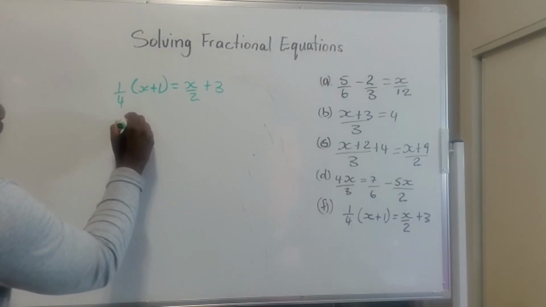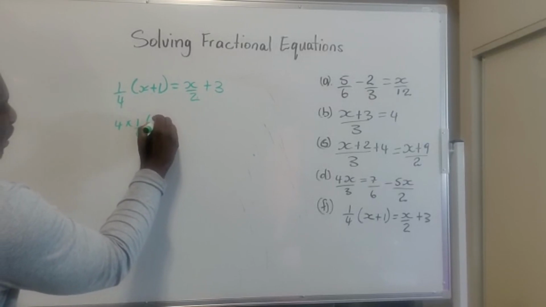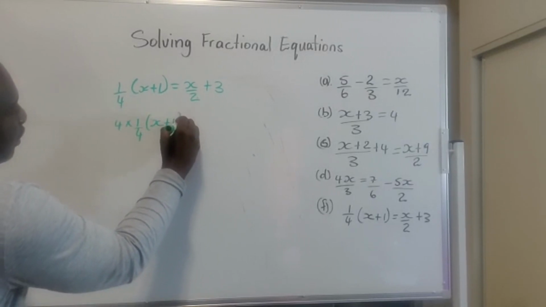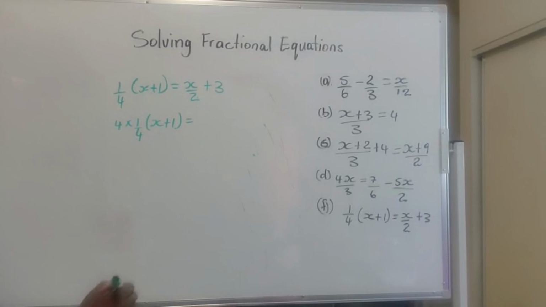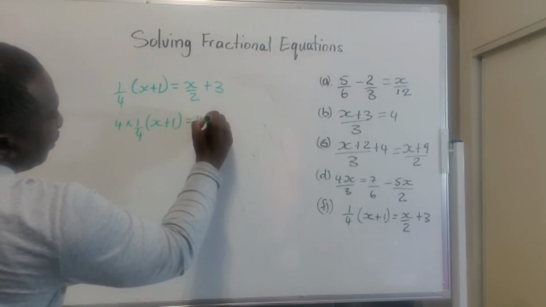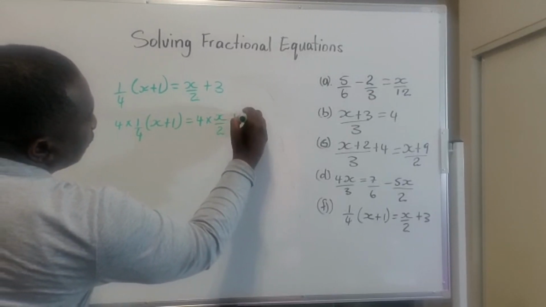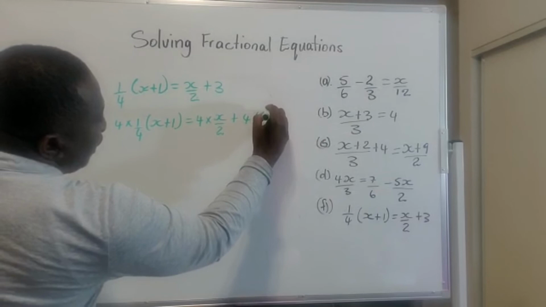Hence 4 times 1 over 4, open bracket, x plus 1 is equal to 4, I'm using here, guys, the least common denominator, times x over 2 plus 4 times 3.